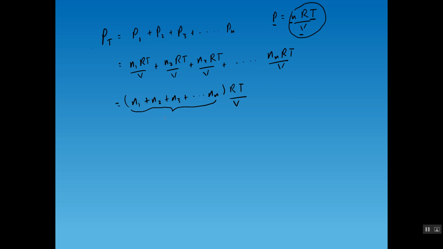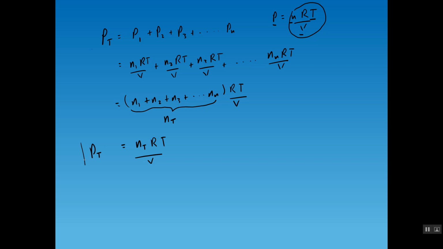So we can simply represent that as nT, T for total, and therefore that reduces this equation to nT RT over V. So this would be equal to the total pressure, PT.